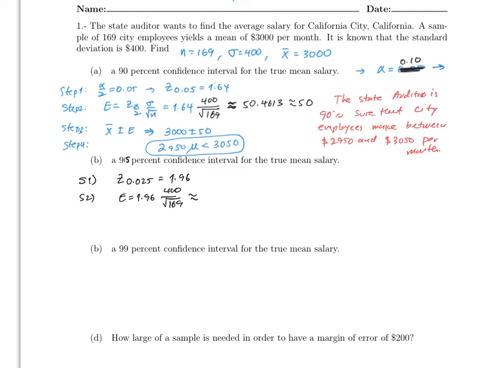How much is it? This comes out to around 60. Then step 3, it will be x bar plus or minus E, which in our case is 3,000 plus or minus 60. When you write this out, it will be 3,060 and 2,940. And that will be the interval.